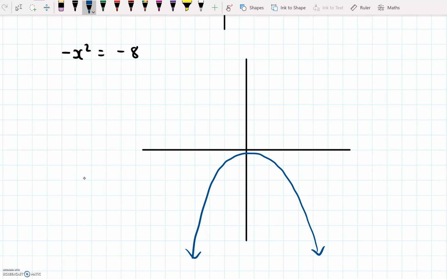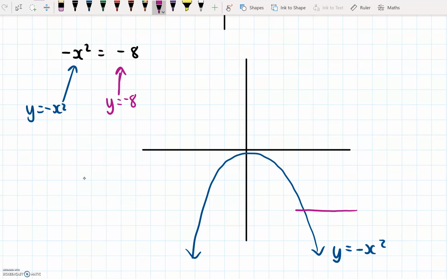This would be y equals negative x squared, because that's what this side is. And we want to know where it meets the line y equals minus 8, and that's going to be along here somewhere. So this would be y equals minus 8. We can again find that intersection point, where these two lines meet. That's what we're doing when we solve them.